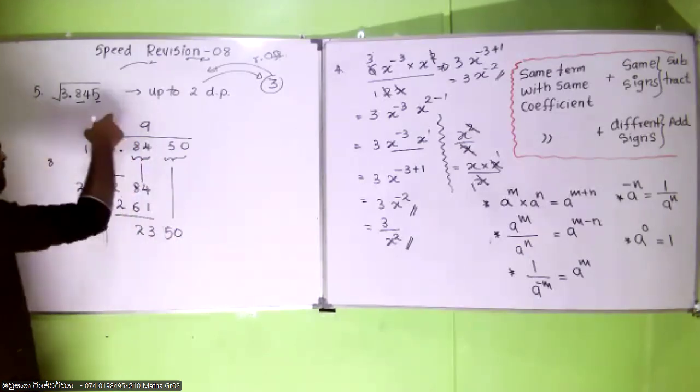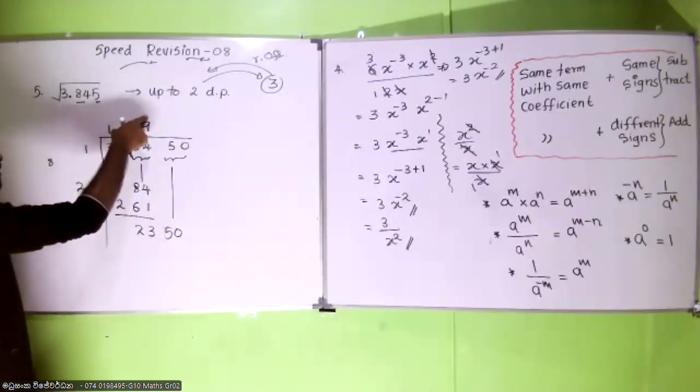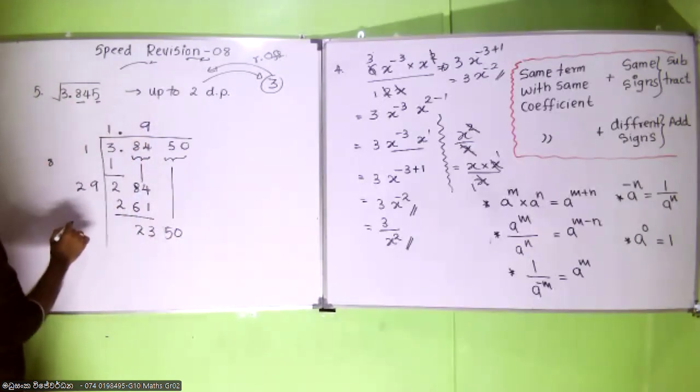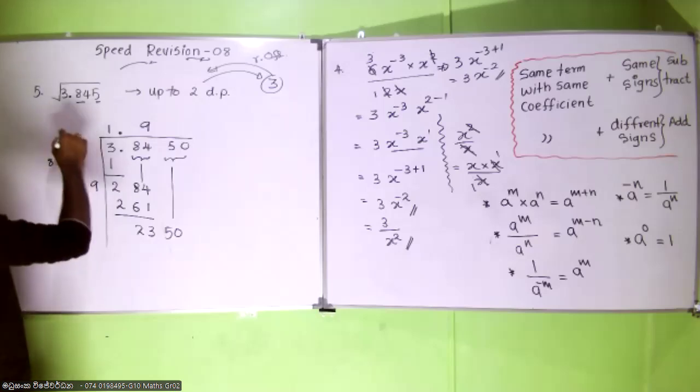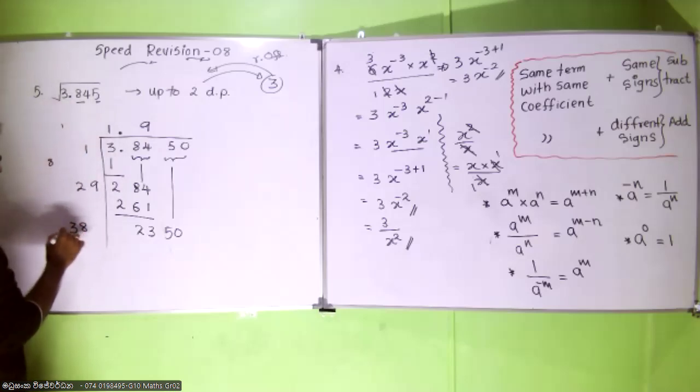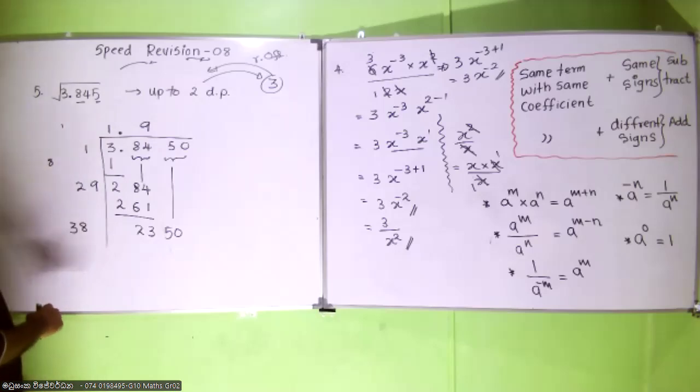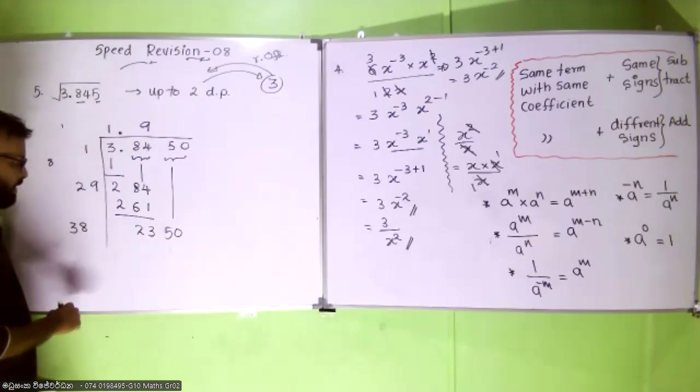2350. Right? So now I have 19 in the quotient. Double it. 2 times 9, 38. Right? Now I have 380 something. Okay. 380 something.